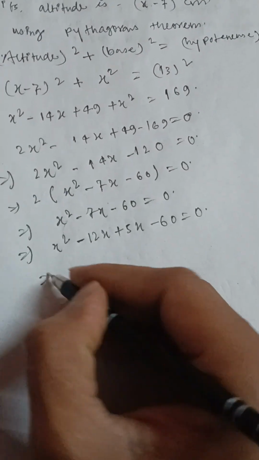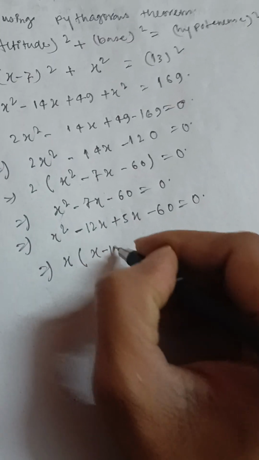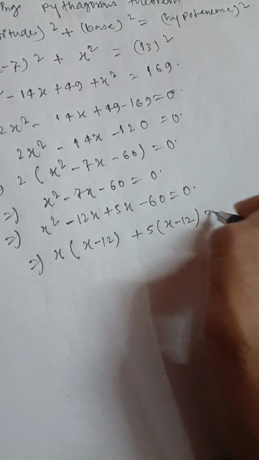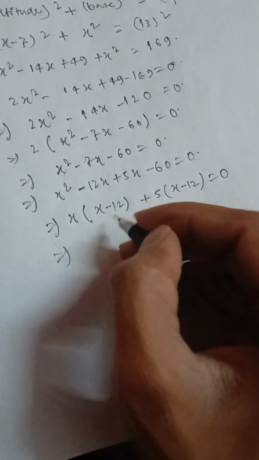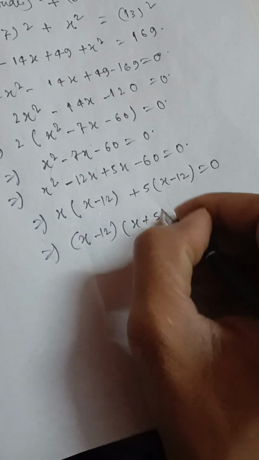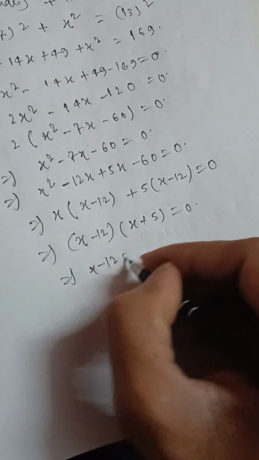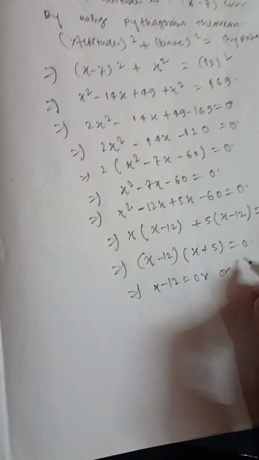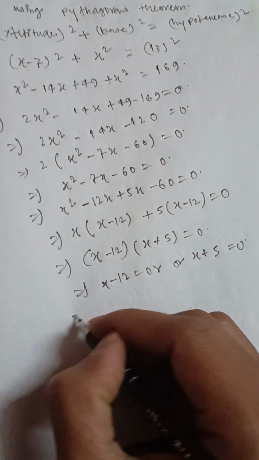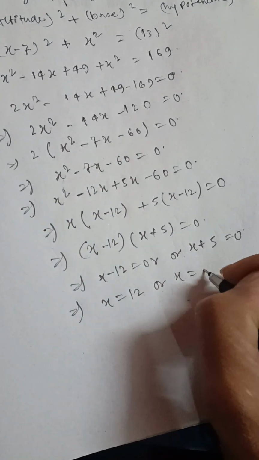Taking x common, x into (x minus 12) plus 5 into (x minus 12) equal to 0, and (x minus 12) into (x plus 5) equal to 0. Then x minus 12 equal to 0 or x plus 5 equal to 0. Then x equal to 12 or x equal to minus 5.